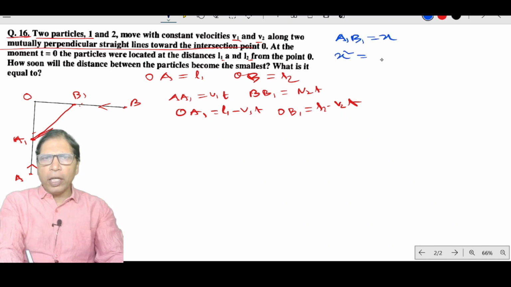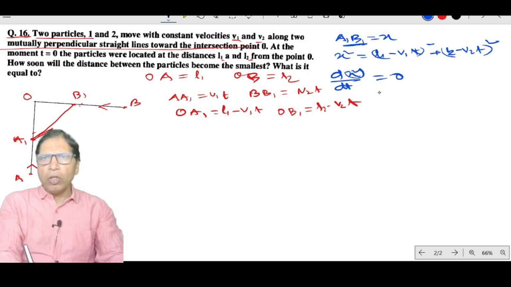Therefore, x square is equal to L1 minus v1t whole square plus L2 minus v2t whole square. As A1B1 is minimum, d/dt of x square equals 0.